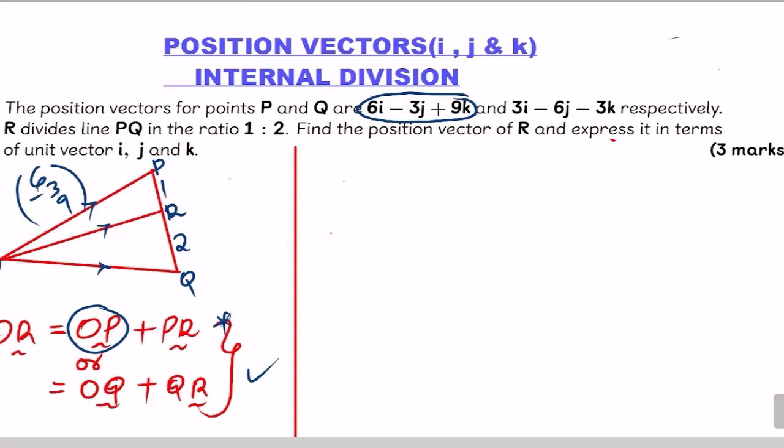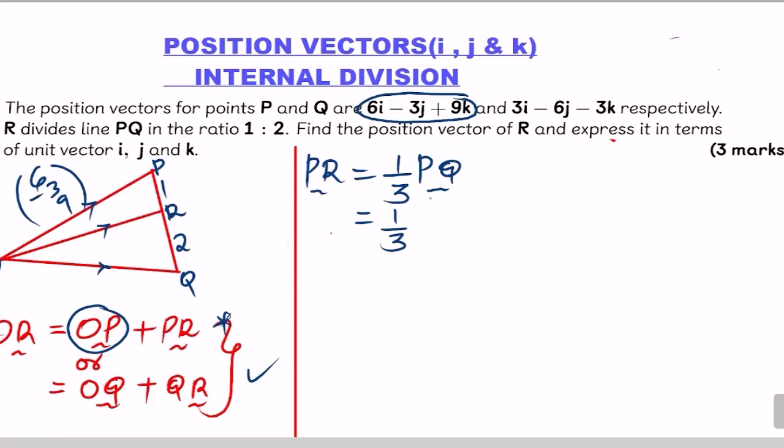PR will be given by a third. That is internal division, so this is 1:2. PR will be 1 divided by the sum of the ratio, that is 1 plus 2, times PQ. So PR is equal to a third of PQ. Now, how do we get PQ?